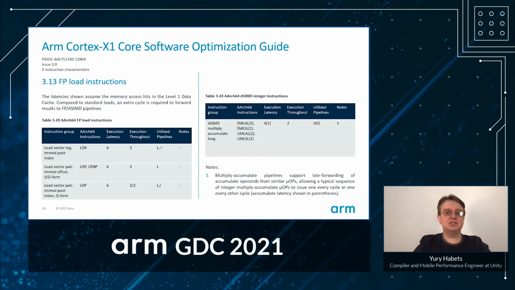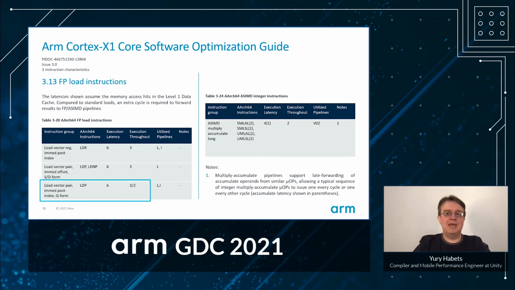In addition to the instructions you have already seen, I'm adding LDP Q form here, which loads 2 128-bit registers at once, and it has the same latency as the other load instructions, but only at half of the throughput. So we're able to have 256 bits of data loaded after 6 CPU cycles, and it looks like it's the fastest we can get on loads.